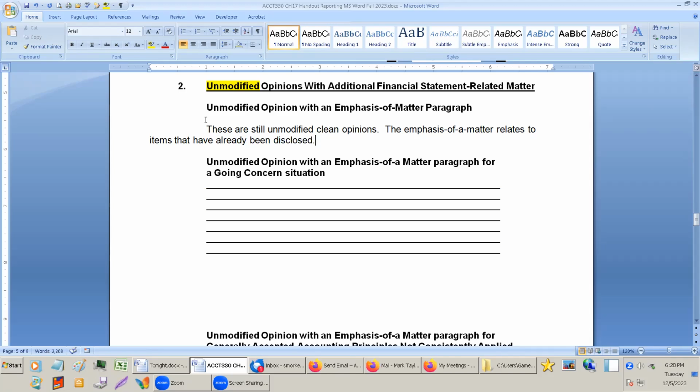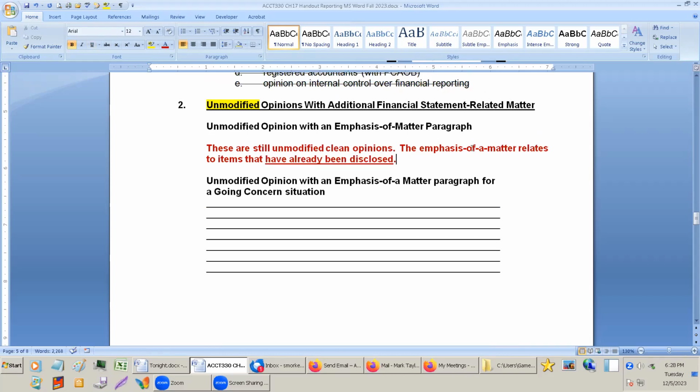Okay. These are still clean, unmodified opinions. The emphasis of a matter are items that have already been disclosed. It might be in the footnotes, it might be in the financial statements, but they're already disclosed.